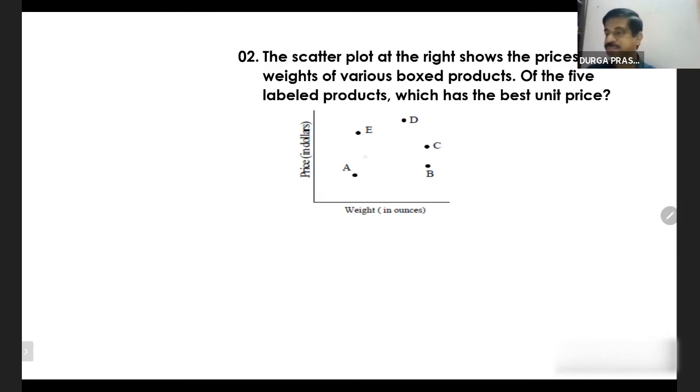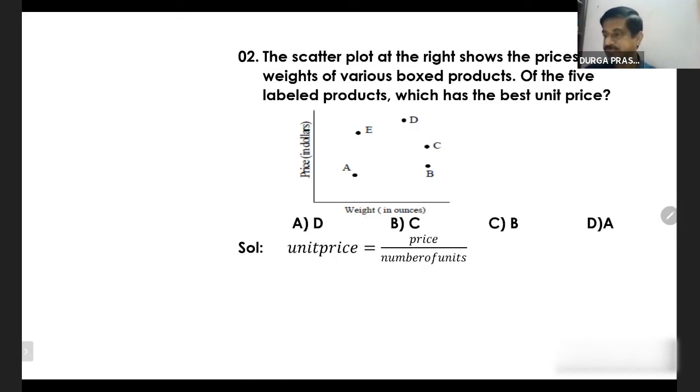Okay, so let us see. Total price in dollars by weight will give you the unit price. So unit price is total price by the weight. That's what I said just before. So let us see how the things are.